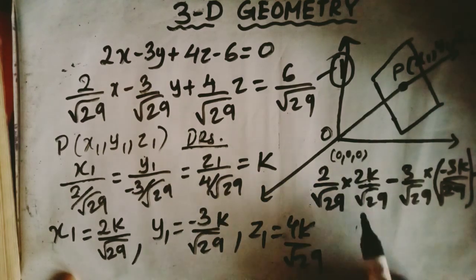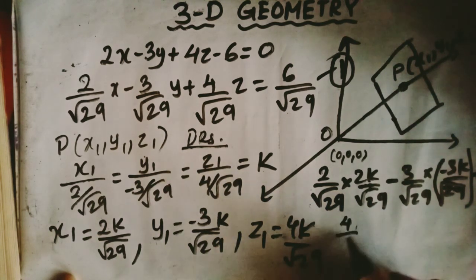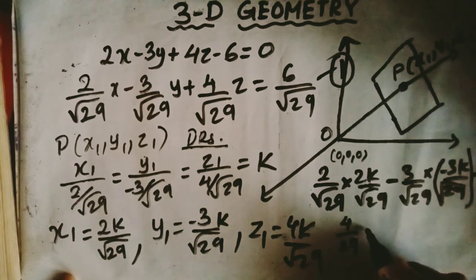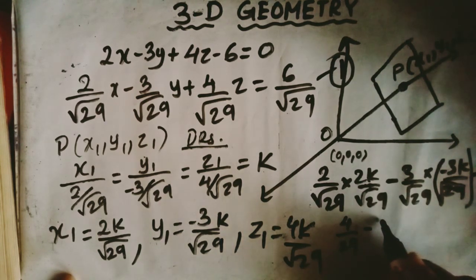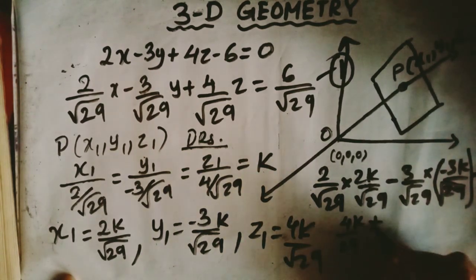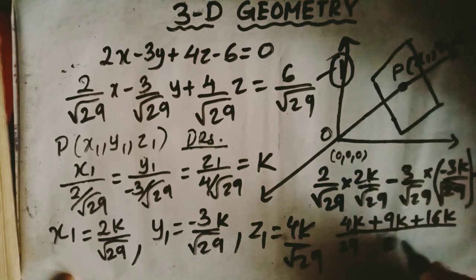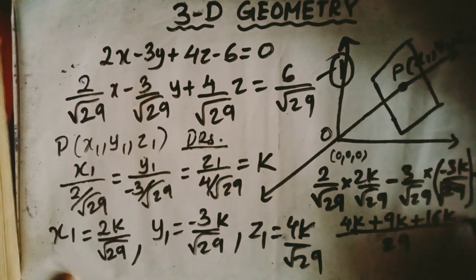So this will be 4k upon 29, plus 9k and 4 4s are 16k upon 29 equal to 6 upon root 29.